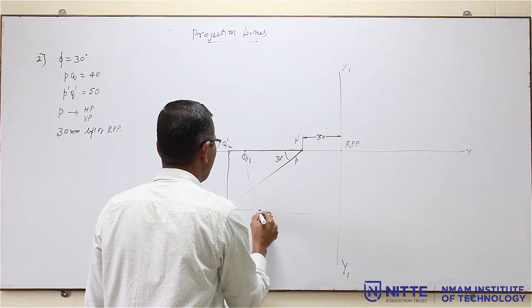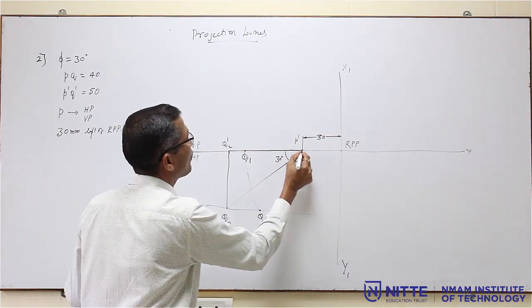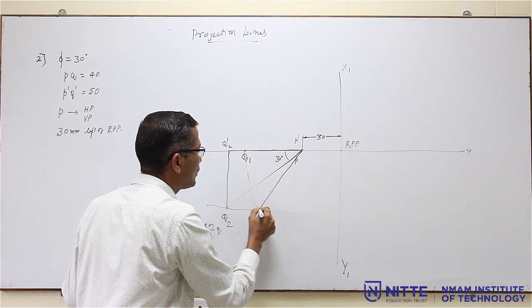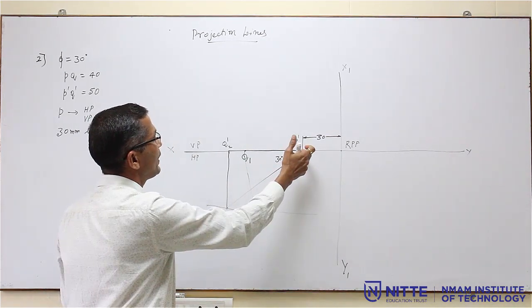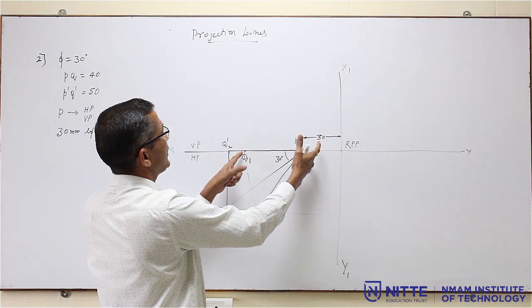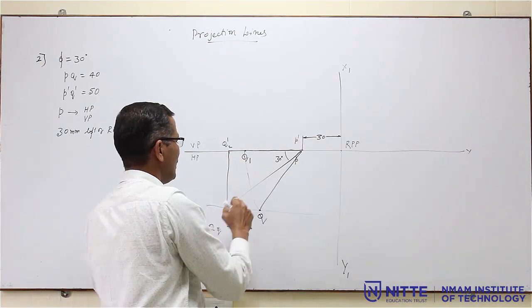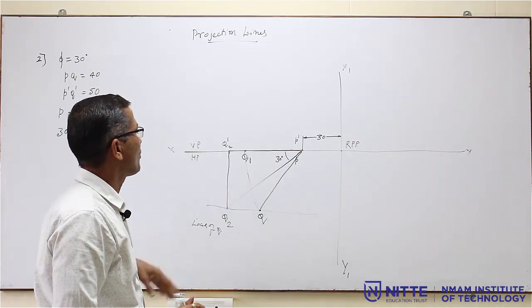You will get Q, and join PQ. This is the top view, PQ. It is obtained with P as center and radius equal to PQ1, drawing the arc so that it cuts the locus. Now both the true length and top view are over.